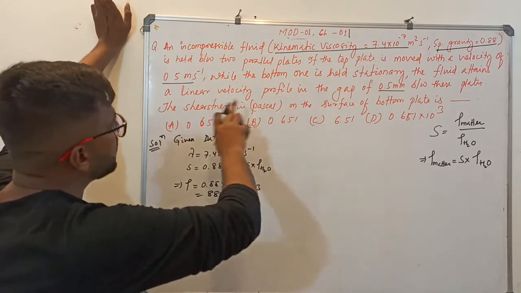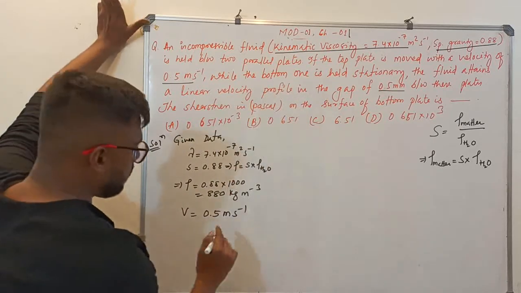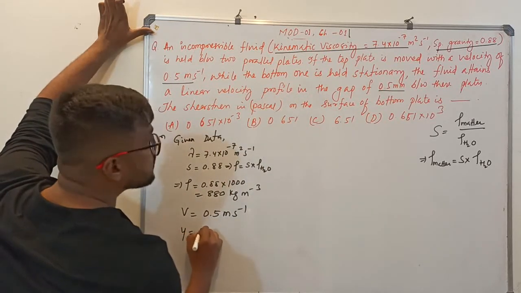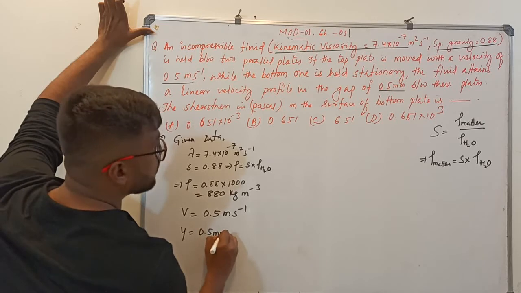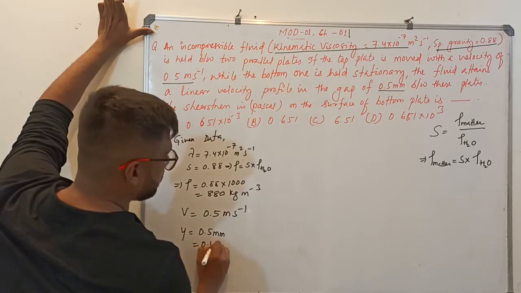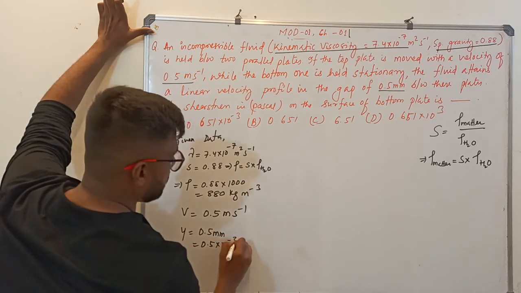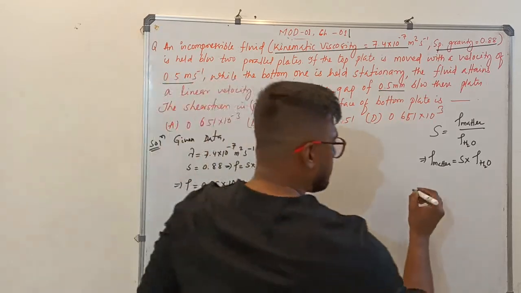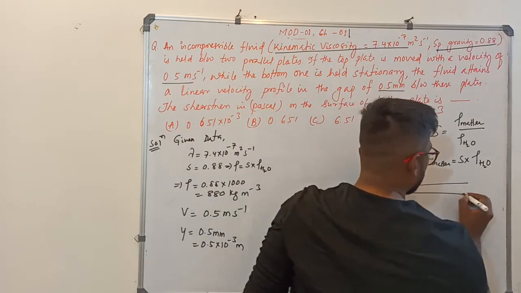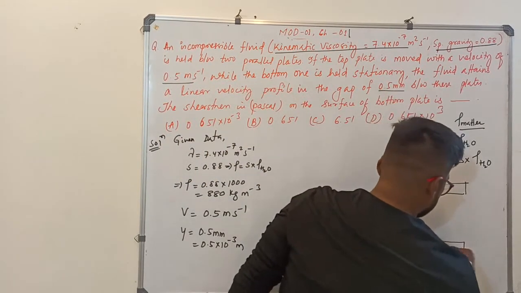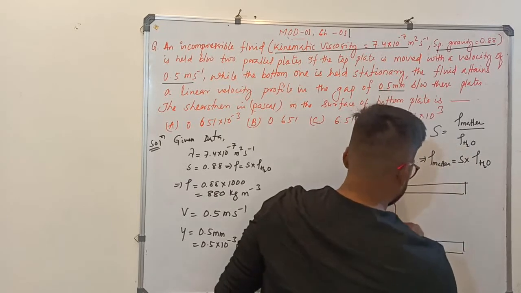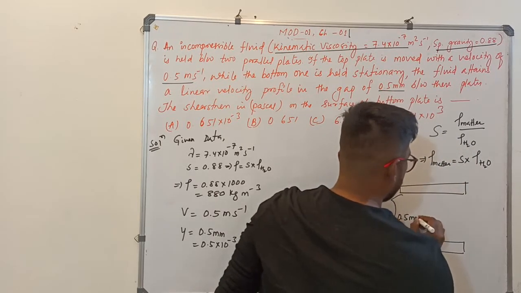The fluid attains a linear velocity profile in the gap, Y, which is given as 0.5 mm. Now convert into meter: 0.5 into 10 to the power minus 3 meter. See, there is a stationary plate here, and this gap is 0.5 mm.